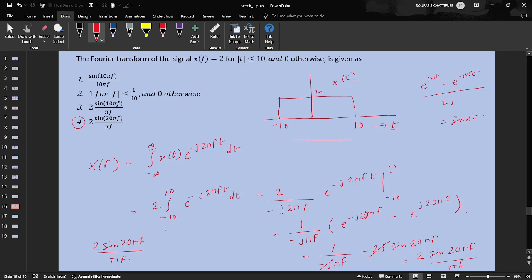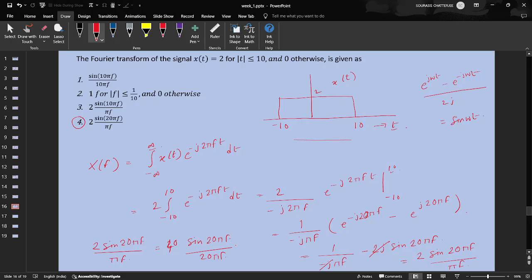This function has a particular name. It can be written as 40 times sine 20 pi f by 20 pi f.